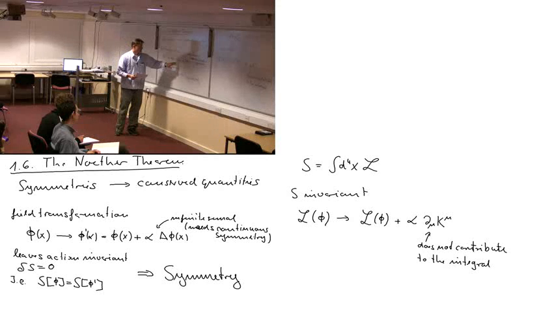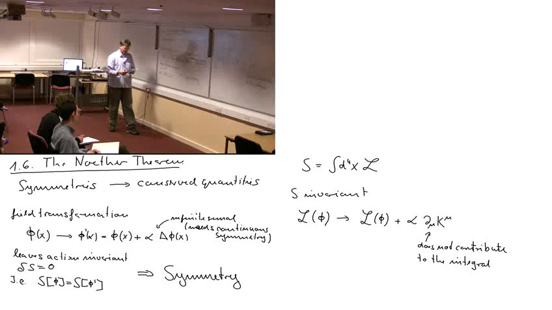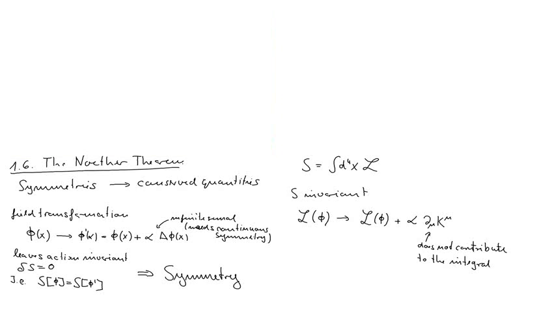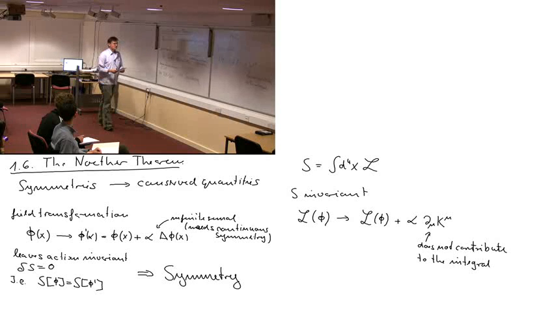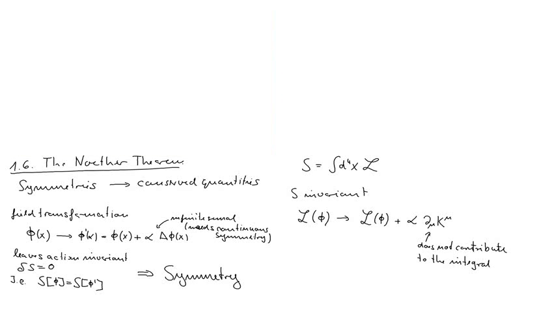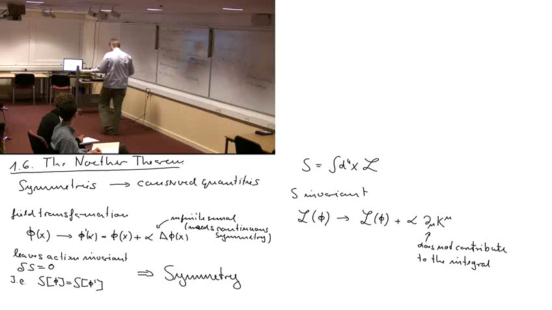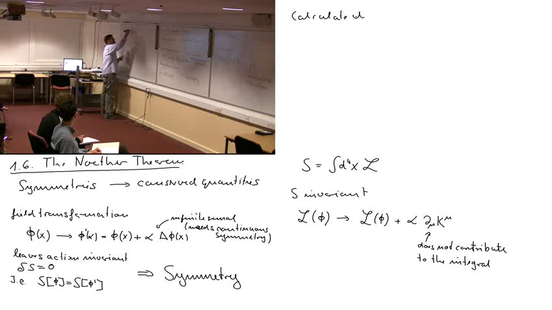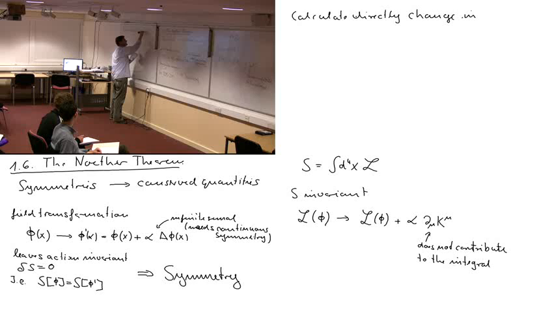So we can directly plug in the field transformation and calculate the change in the Lagrangian. Then we compare the left-hand side to what is allowed for it to be a symmetry. So the change in L, and how do we do that?